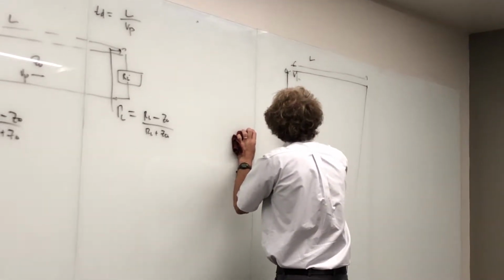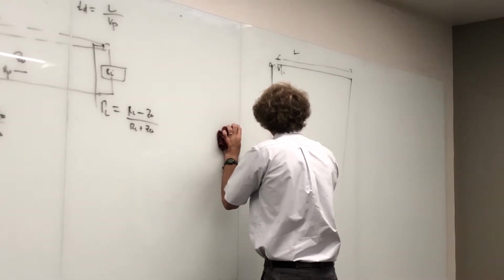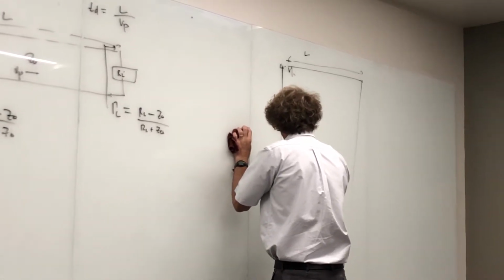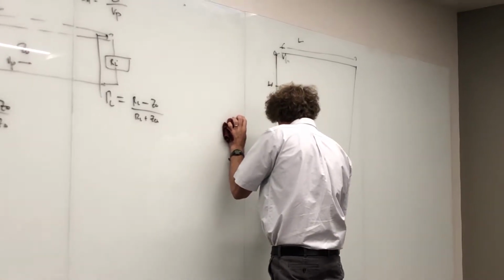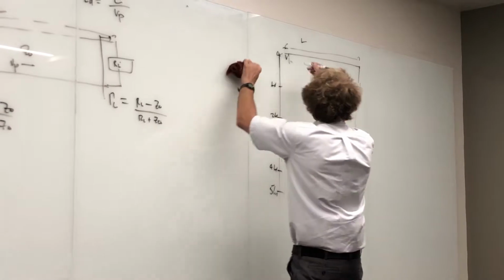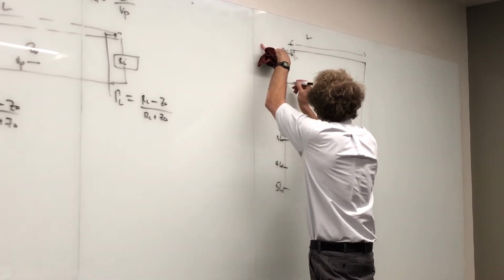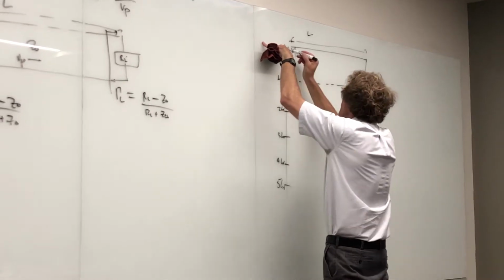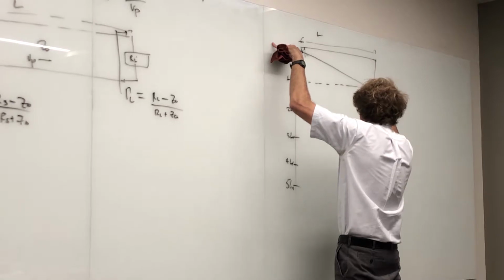Call this TD, 2 TD, 3 TD, 4 TD, 5 TD. Do we need 6? We'll get it. I come in right there and I call this V prime, and what I'm going to do is this. I'm going to draw a line from this corner to this point right here.